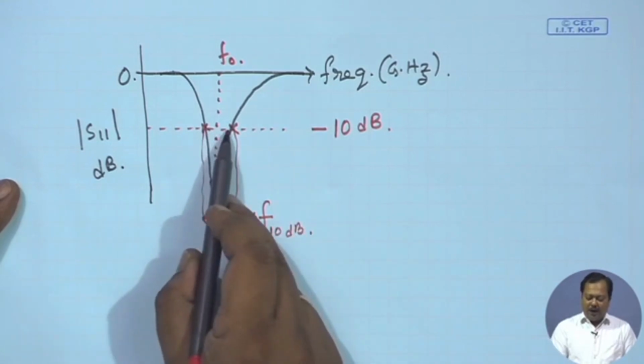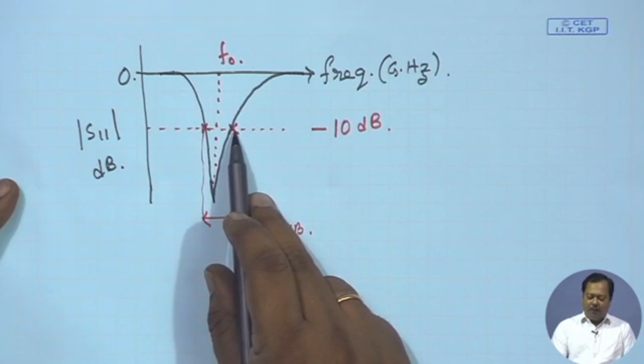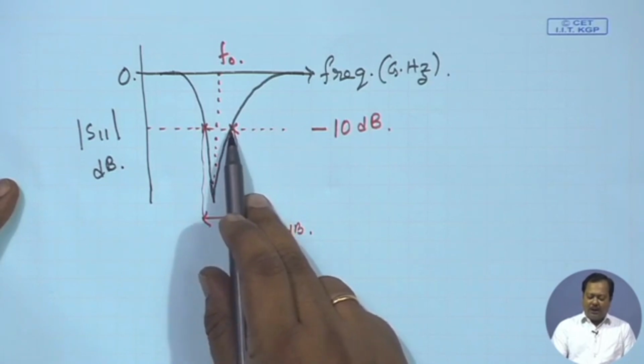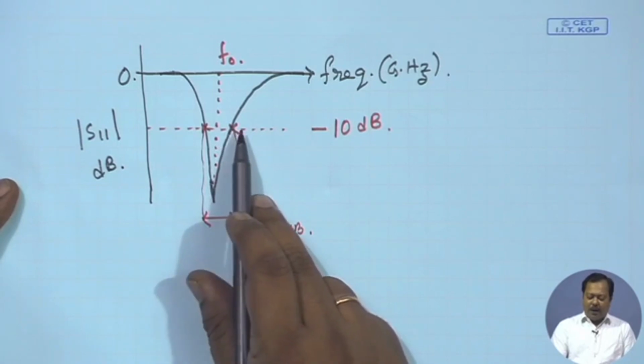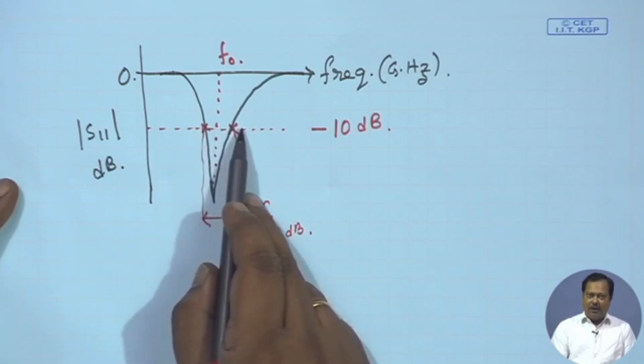Over this bandwidth, if I calculate the reflection coefficient at this point, and from that the power being accepted by the antenna, approximately 90% of the power is accepted if I consider S11 as minus 10 dB.